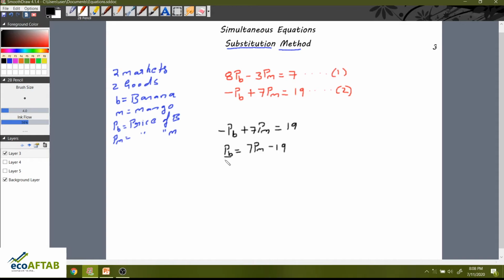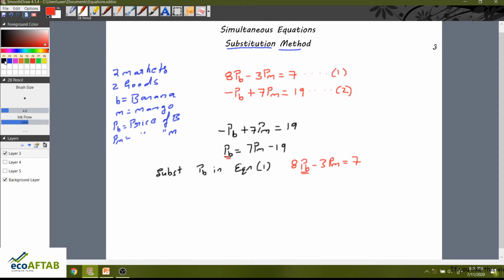Now the next step is substituting the value of this term in the other equation. So how to do it? Substituting PB in equation 1. Our equation 1, as you can see at the top, is 8PB minus 3PM is equal to 7. Now this PB we are going to substitute here.